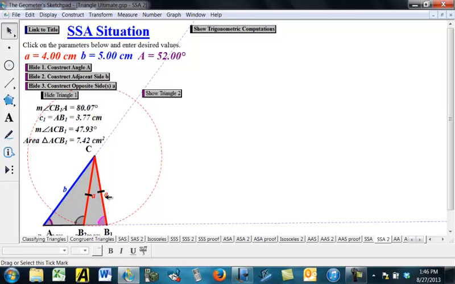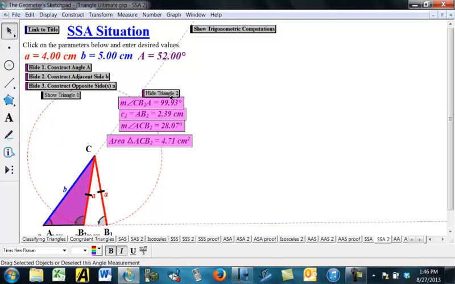Whereas the angle up here at C is the larger of the two little angles here at C. It's actually this one right here, about 48 degrees. And then the side along here is actually the longer side from A to B1, call that C1. That's about 3.8.